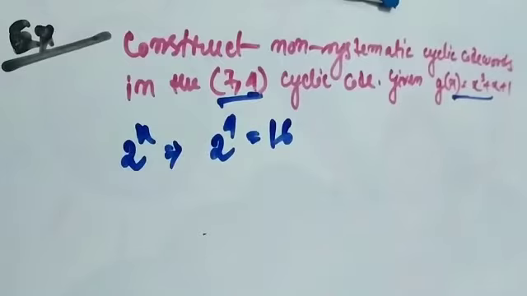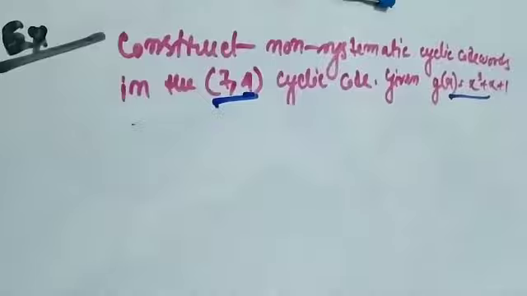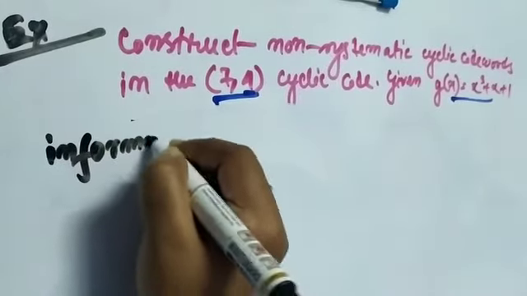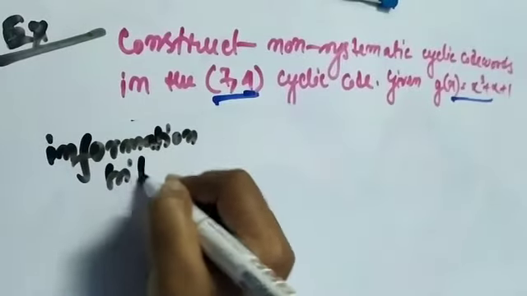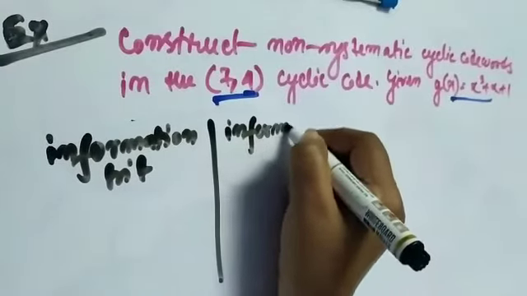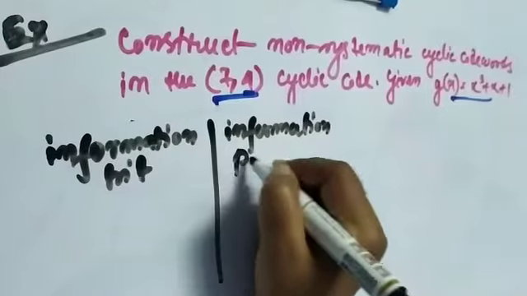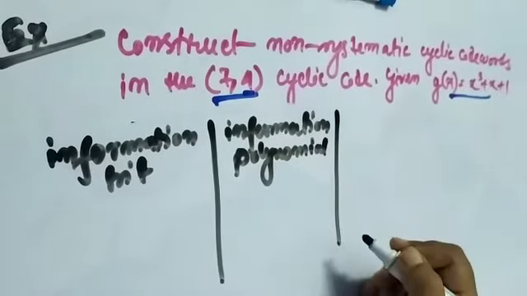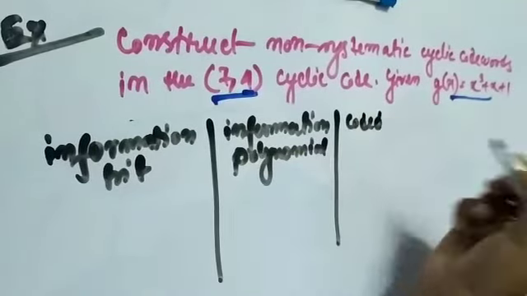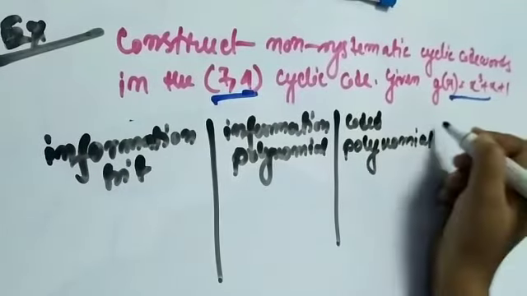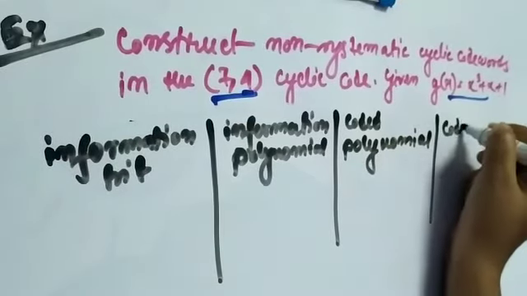So first you have to construct a chart. In your chart, the columns are likewise: information bit, the first one, then information polynomial, then coded polynomial, and last is code word.